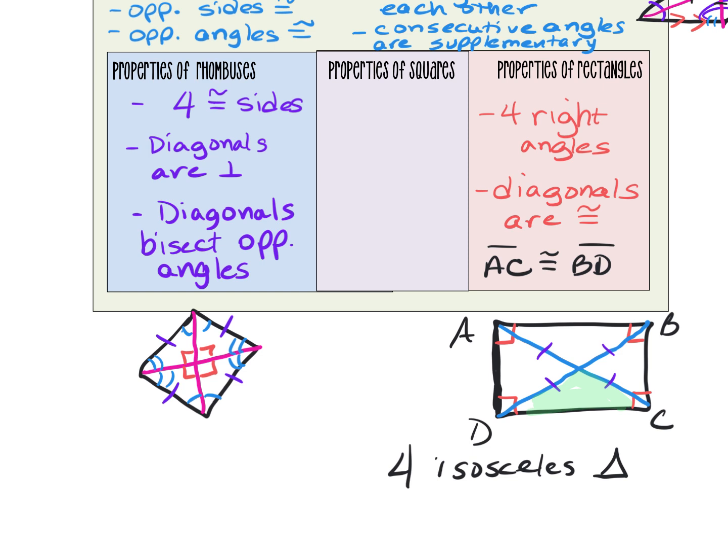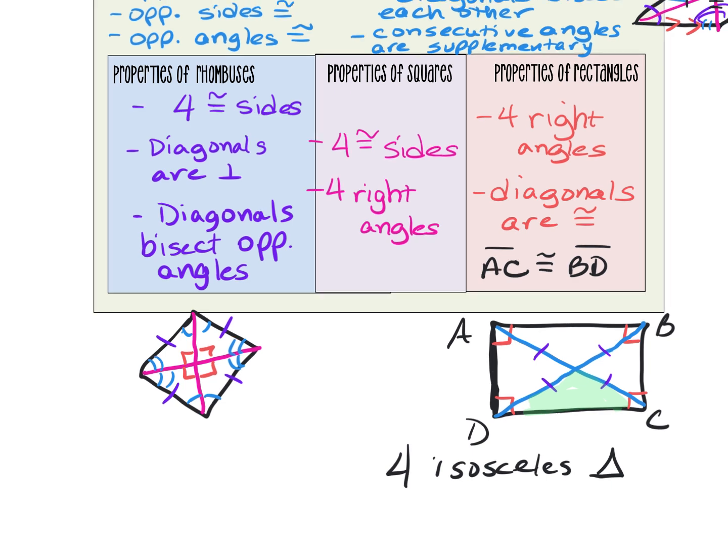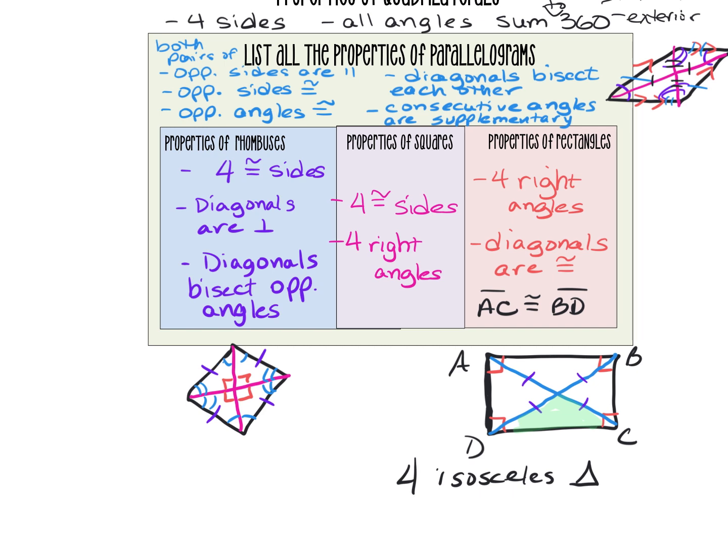So remember, the square has 4 congruent sides, which it gets from the rhombus. It also has 4 right angles, which it gets from the rectangle. And again, remember, all 3 of these have all the properties of the parallelogram that I wrote in blue.